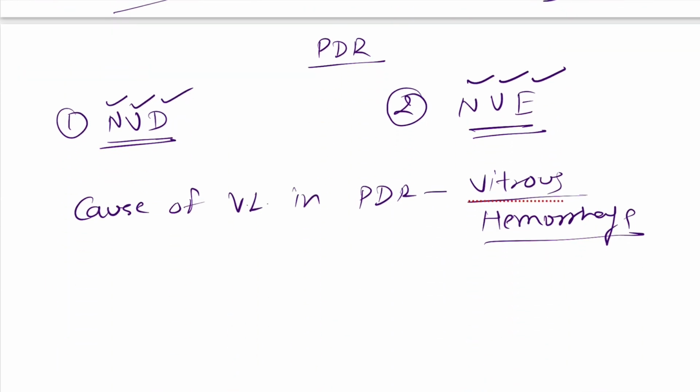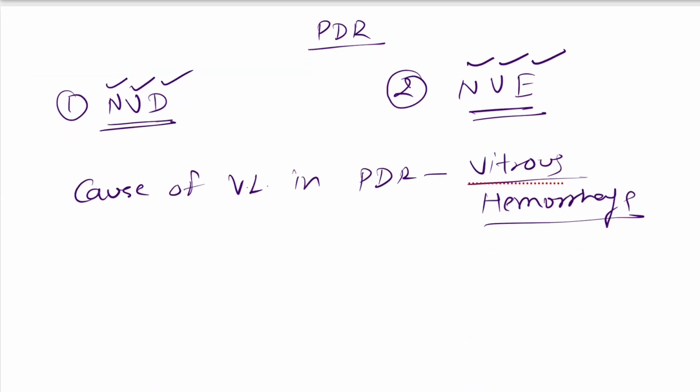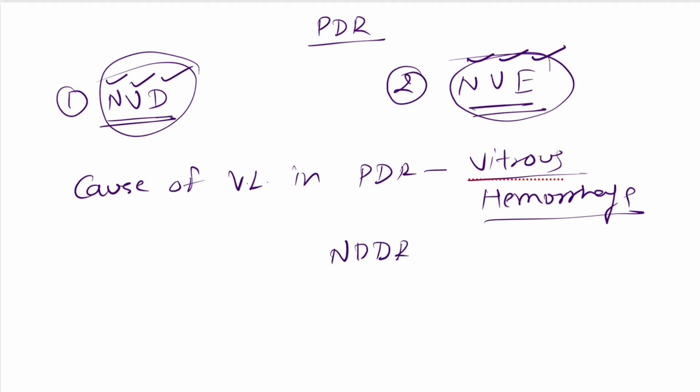And in PDR, we have two types. If the neovascularization is present on the disc, this is NVD. If it's elsewhere, this is NVE. The cause of vision loss in NPDR is macular edema, but in PDR, it is vitreous hemorrhage.